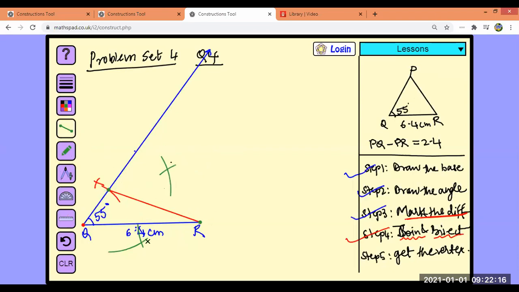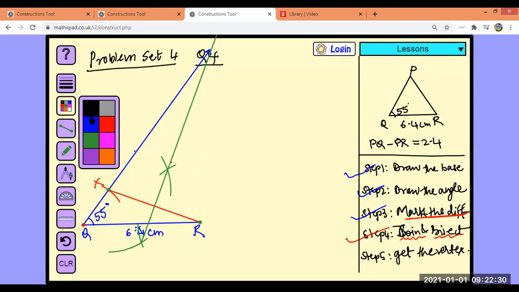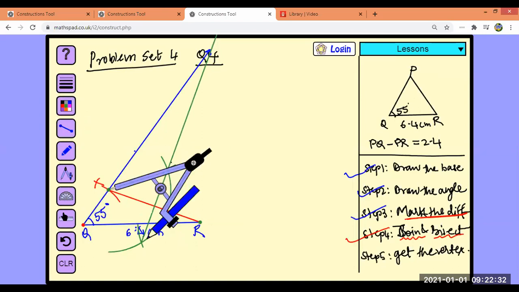We need to join these 2 points and extend it further so that somewhere it intersects with that blue line. And if you check, it does intersect, right? If I extend it further like that, you can see we get the point of intersection.